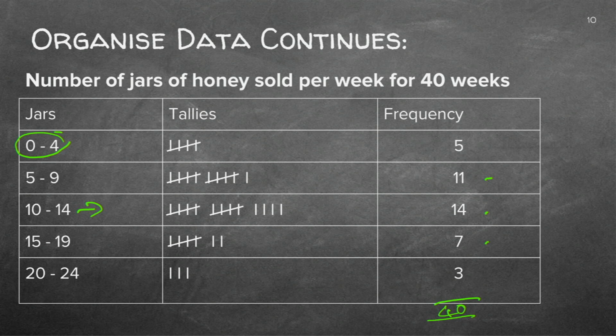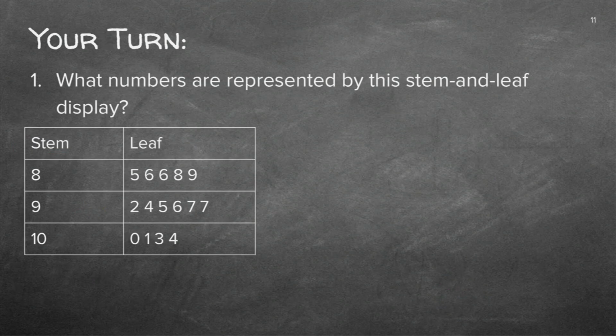What happened when she's managed to sell 3 jars? Do you think the 14 was when she did proper advertising, or the 3 jars was when it was the end of the month, people did not have enough money? So now she can draw information from this organized data. Okay, right, now it's your turn.